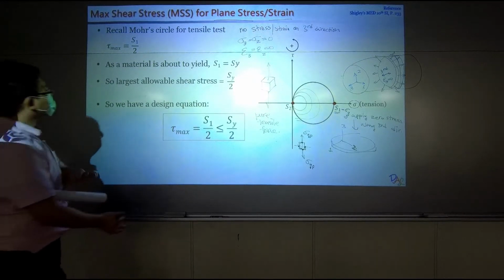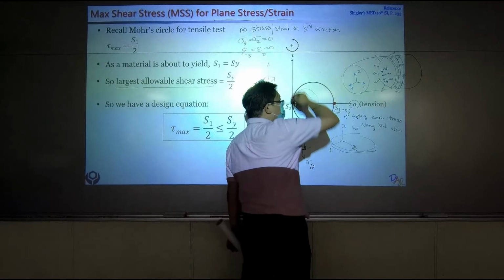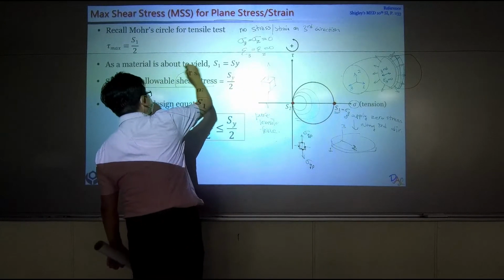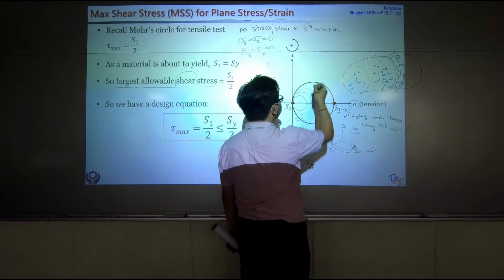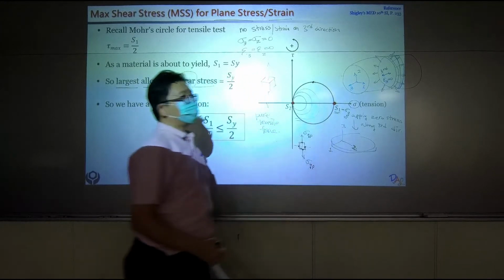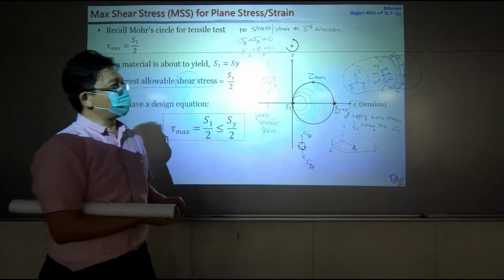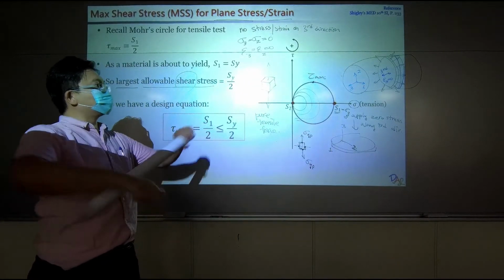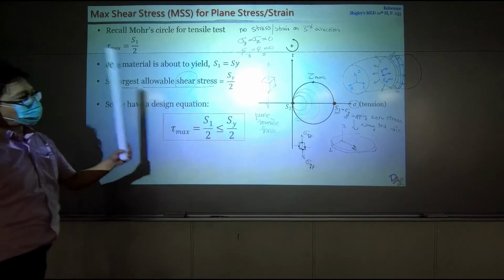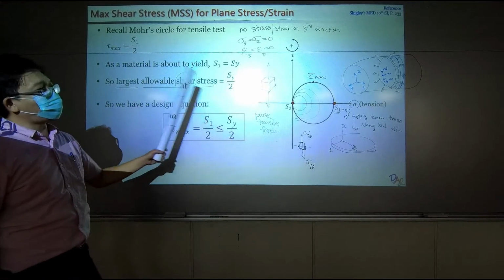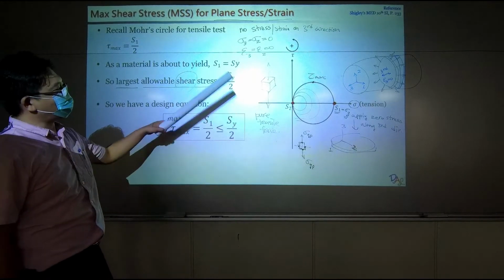Okay, so the largest allowable stress is under this condition. The largest allowable shear stress is under this condition, and at this condition, this point is having the largest shear stress. So for this material, the largest shear stress this material can handle can be calculated in this way. And from this diagram, you realize it's actually half of your yield strength.